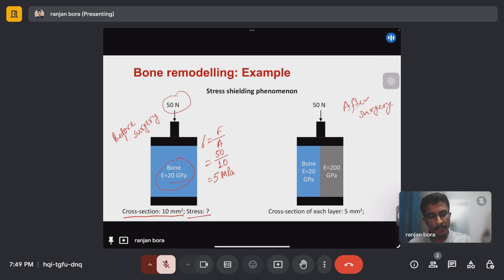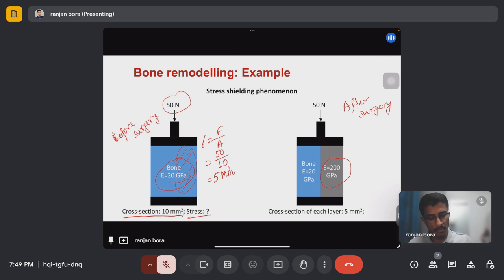Because in surgery what we do is remove some bone and then insert the implant which has a higher Young's modulus, because these implants are mostly made from titanium or steel, and those metals have a Young's modulus of around 200 gigapascal. This is the Young's modulus for steel.